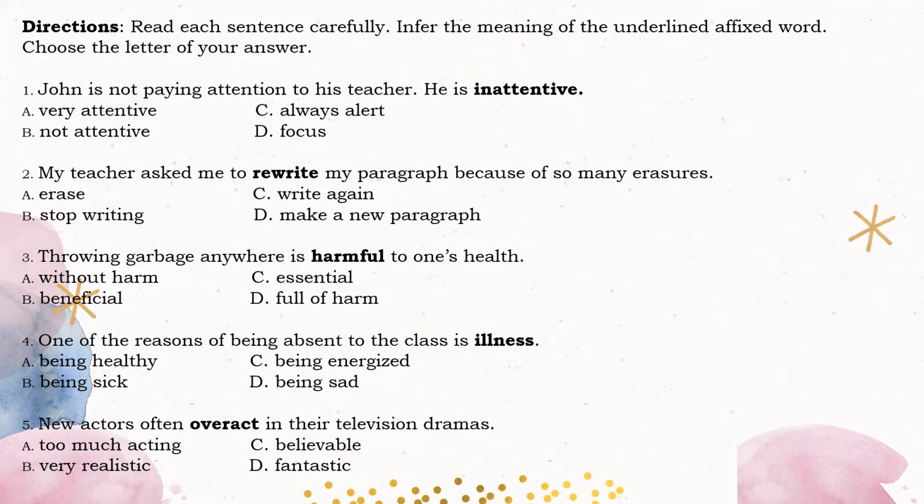B. Not attentive. C. Always alert. Or D. Focus. 2. My teacher asked me to rewrite my paragraph because of so many erasures. What is the meaning of rewrite? Is it A. Erase, B. Stop writing, C. Write again, or D.